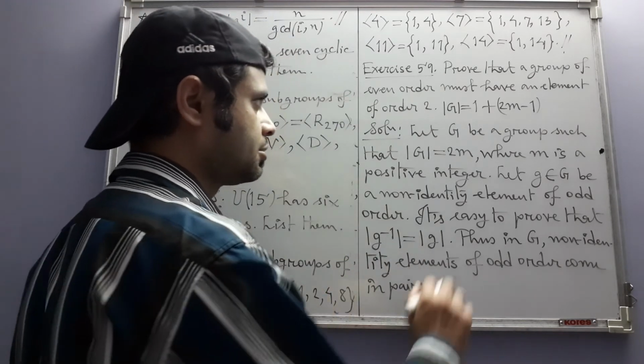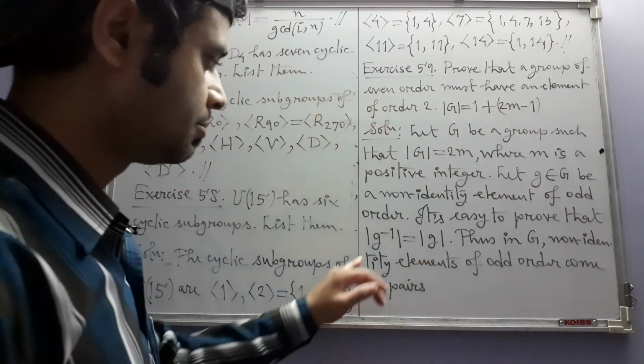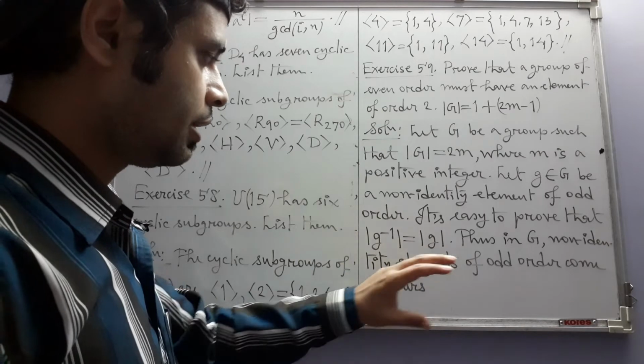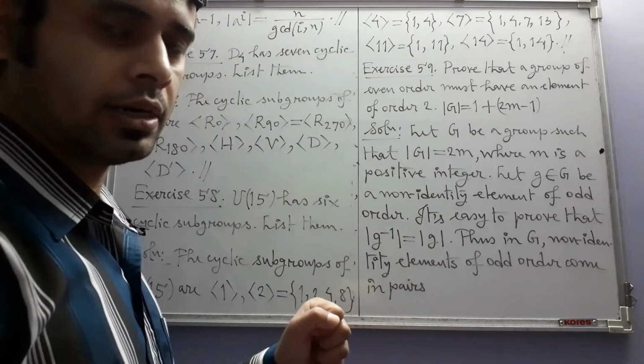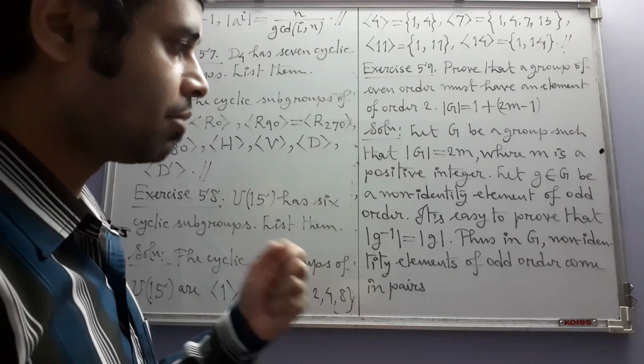So that means since they come in pairs, the total number of such elements of odd order must be even.